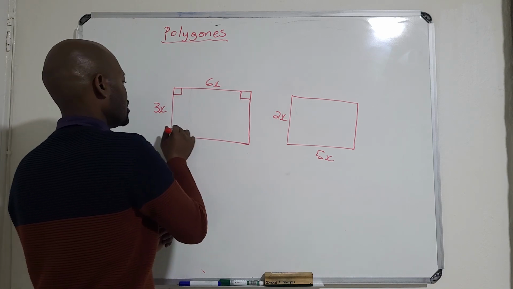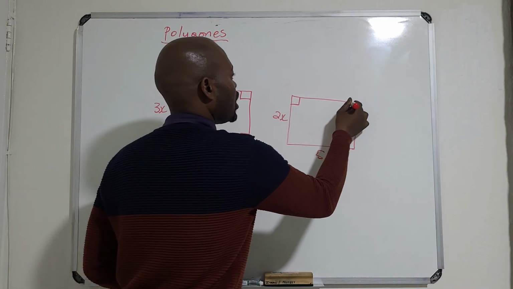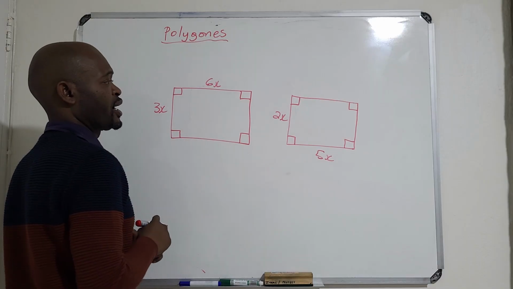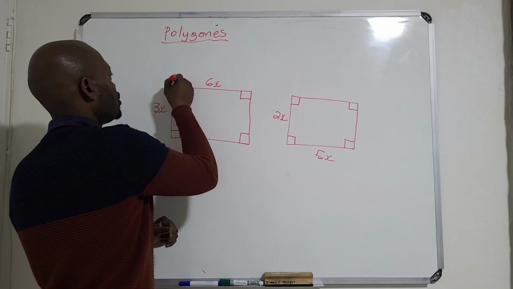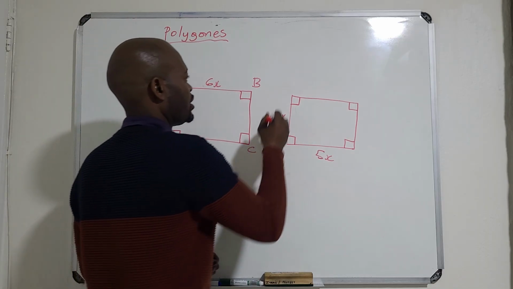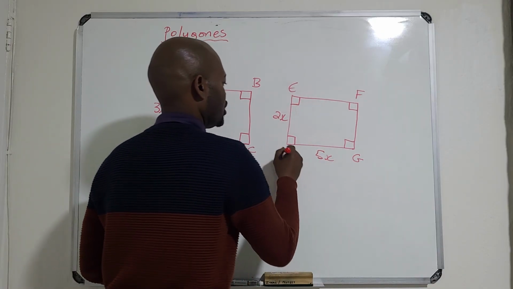Yes, the corresponding angles in this case are equal, but are the sides in the same ratio, with A, B, C, D and E, F, G, H?